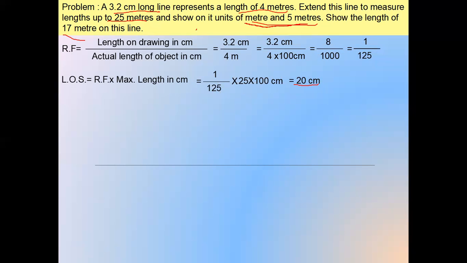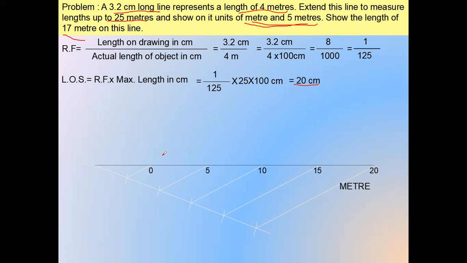You divide this line into 5 equal parts. Take a supporting line, and with its help divide this line. Now the length of scale is converted into 5 parts, and each portion represents 5 meter.